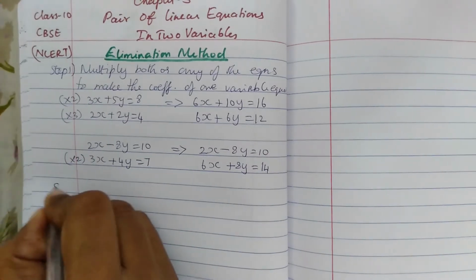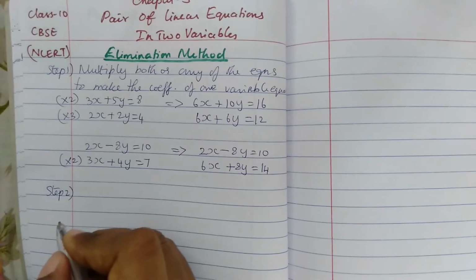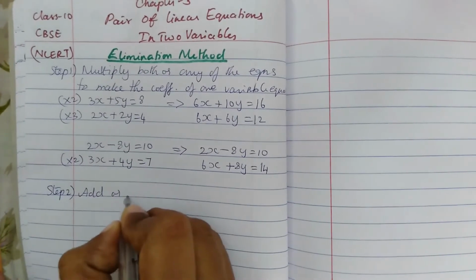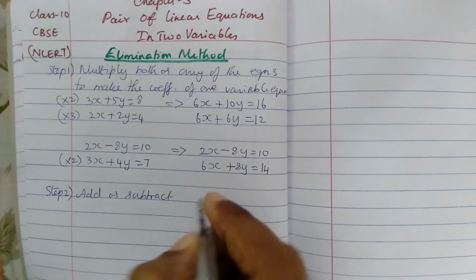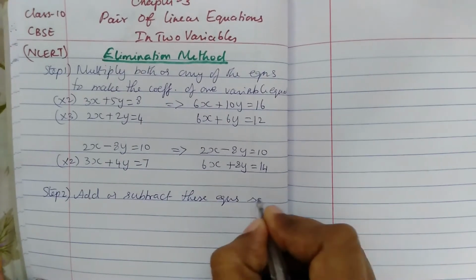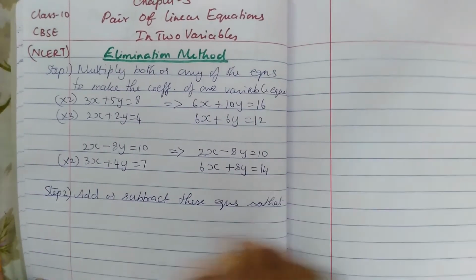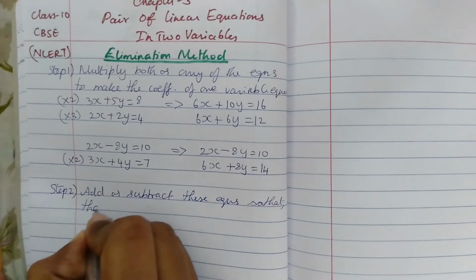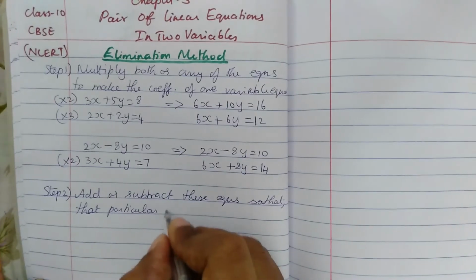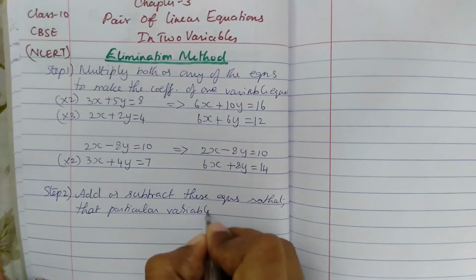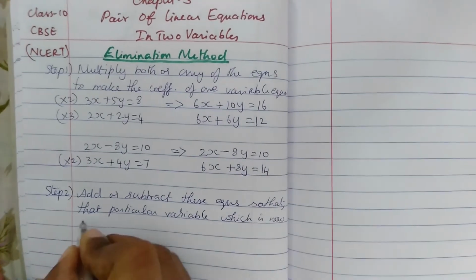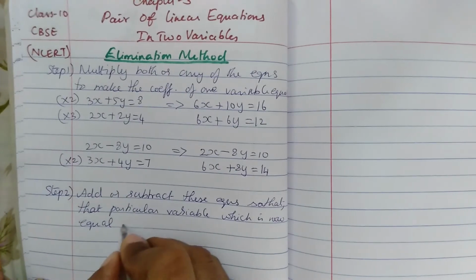Step 2 is add or subtract these equations so that the variable which is now equal gets eliminated.